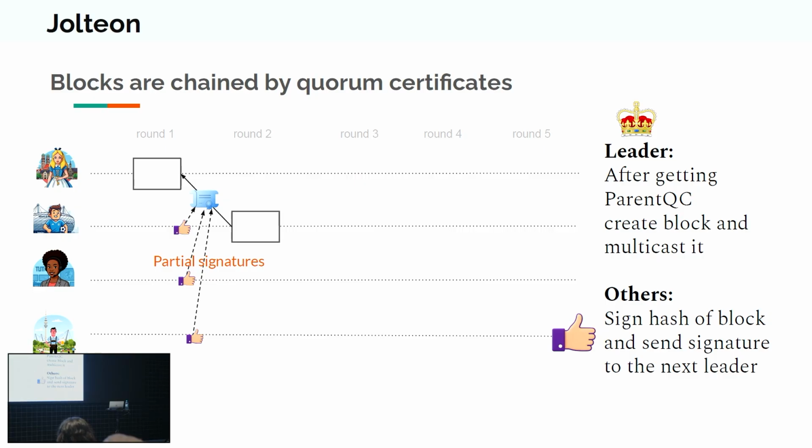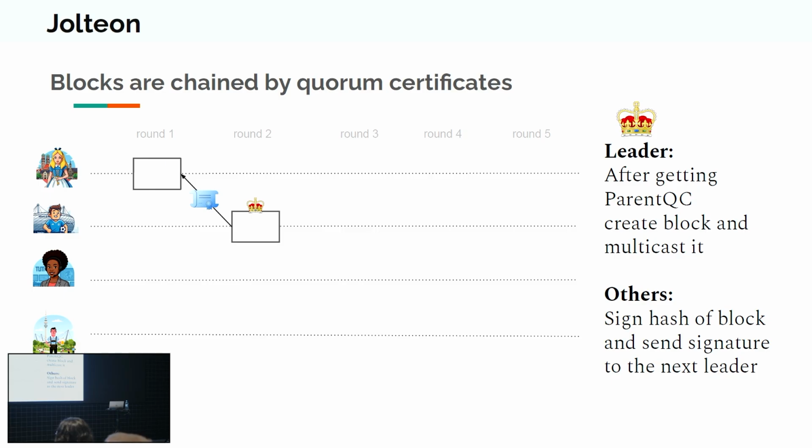So the next leader in round 2 will be the second guy, and he will aggregate the signatures. And when creating the block, it will include not only the hash pointer to the previous block, but also a quorum agreement on the previous block, a quorum of votes, or a quorum certificate for the previous block. And this way the protocol proceeds.